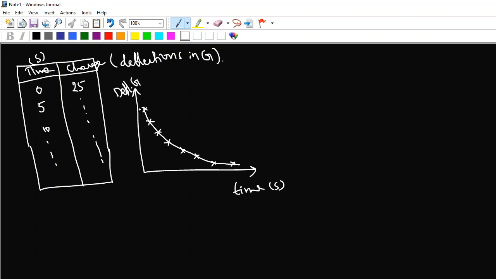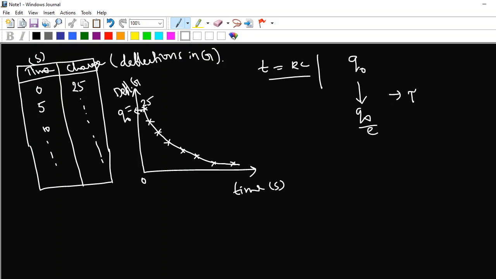Initially the maximum charge present at t is equal to 0 seconds is given as Q naught. In this particular case, Q naught is 25. Now we know that the time constant means R into C. This is the theoretical value, but experimentally what we understood just now is that the time required for Q naught to become Q naught by e is known as the time constant.